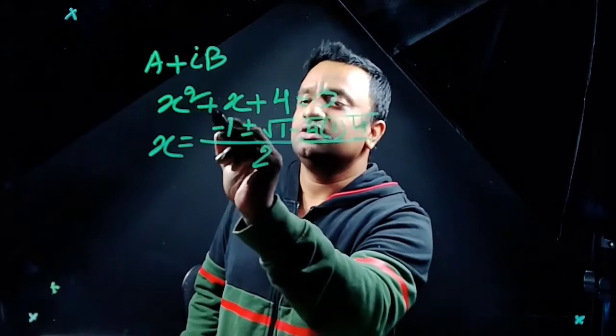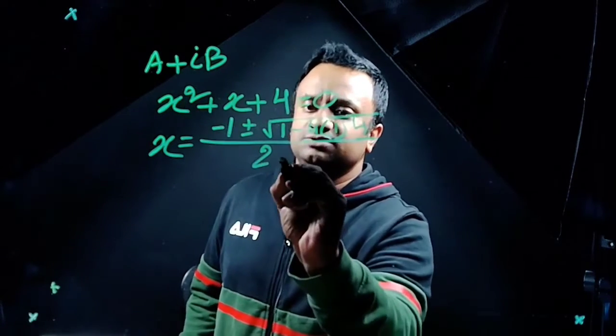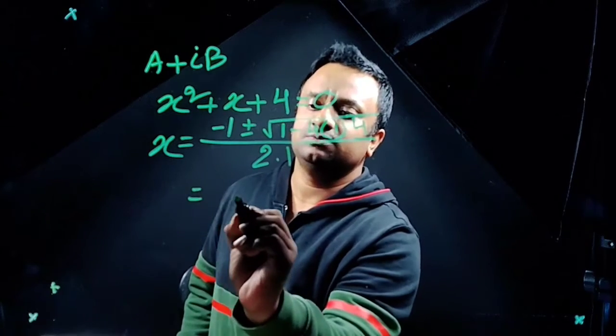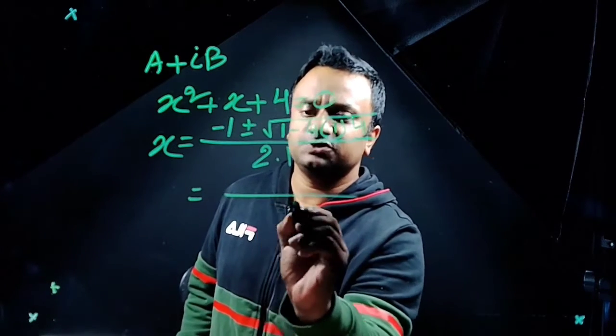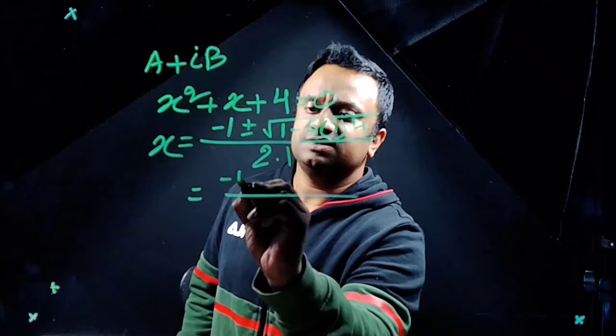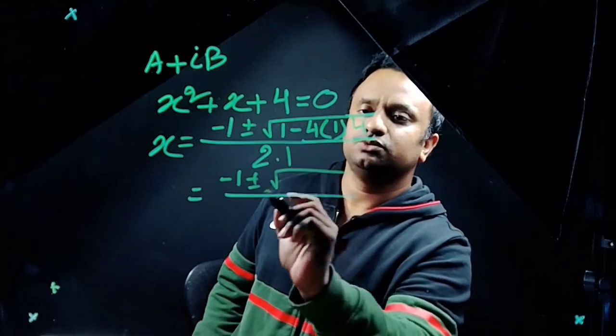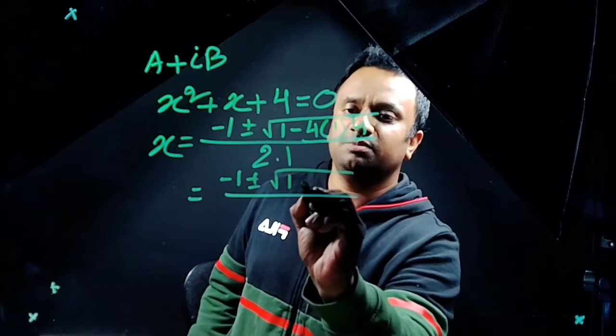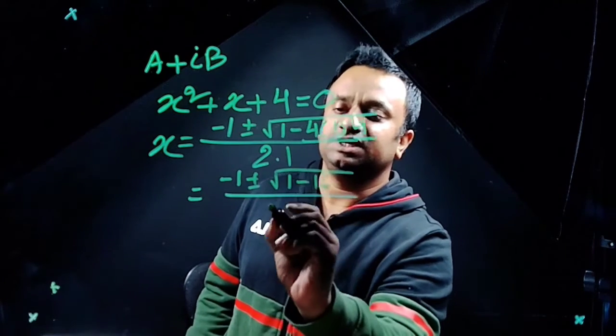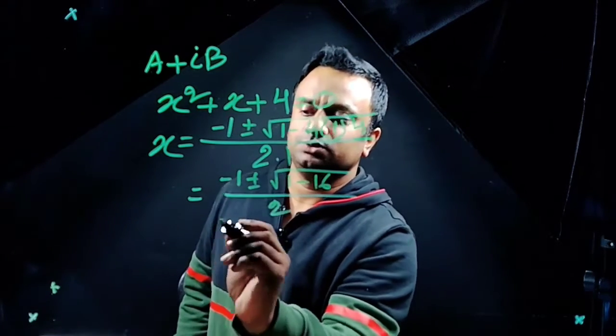Here a is the coefficient of x squared, so that's 1. Now what does it become? It becomes -1 plus minus root over 1 minus 16, divided by 2.